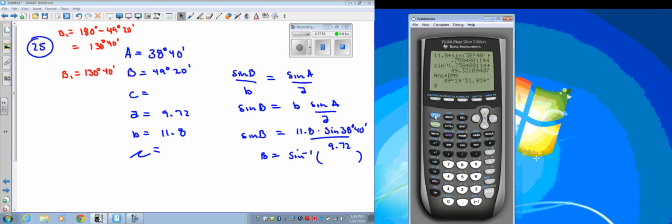Round it to the same minutes, because the other one was only minutes. I just rounded it to minutes because it was 49 degrees, 19 minutes and 51 seconds. The other one is in minutes, so you can't get seconds with this one. Otherwise, you're just not that accurate.